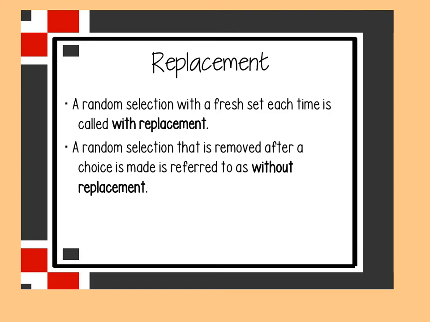Everything that was there the first time is still back there the second time. If there's no replacement, if I've taken a number out of the hat and I've kept it, now I've altered my set. So that's the idea behind replacement and without replacement. Anytime it says a number is randomly generated, if it's a computer or whatever, you're assuming replacement. So a computer obviously starts with a fresh set every time.